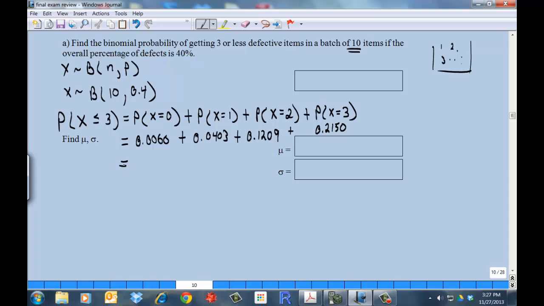And so we add all of these numbers up and we get 0.3822.